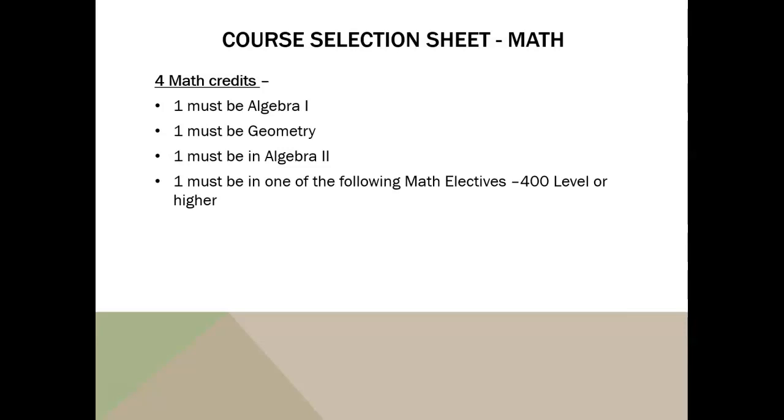Students wishing to take Algebra 1 over the summer as a refresher in an effort to earn a higher grade: if a student took Algebra 1 and has an understanding that Algebra 2 is going to be required and they struggled with Algebra 1, they could retake Algebra 1 Semester 1 over the summer, and whatever grade they earn will be averaged with the original grade they earned in Algebra 1.